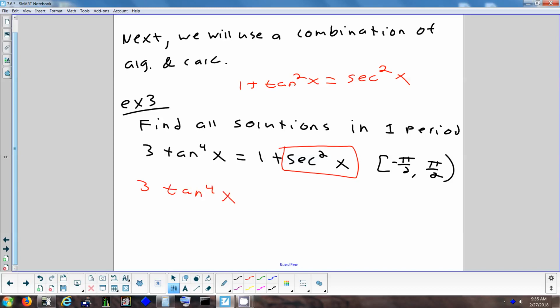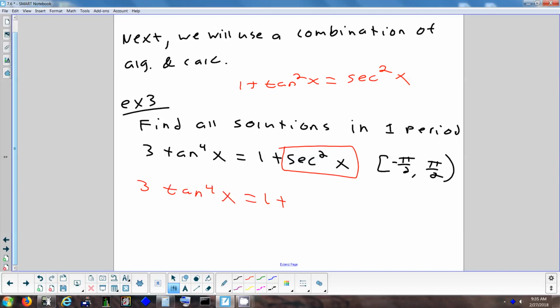Leave tangent to the fourth x alone. And do I need parentheses around what's in the box? What do you think? Not really, because there's nothing I'm distributing. That 1 plus, that's not a distributive property. So you can just change everything that's in the box without parentheses.